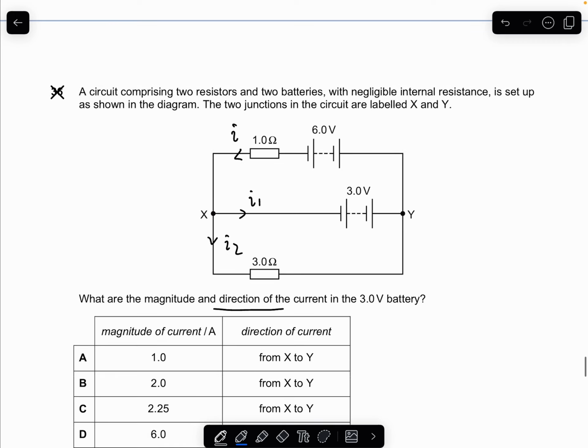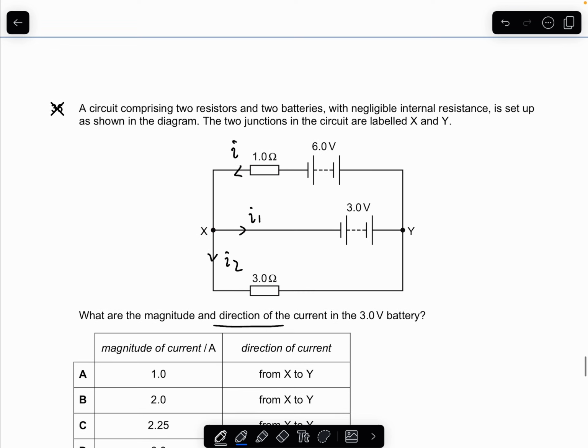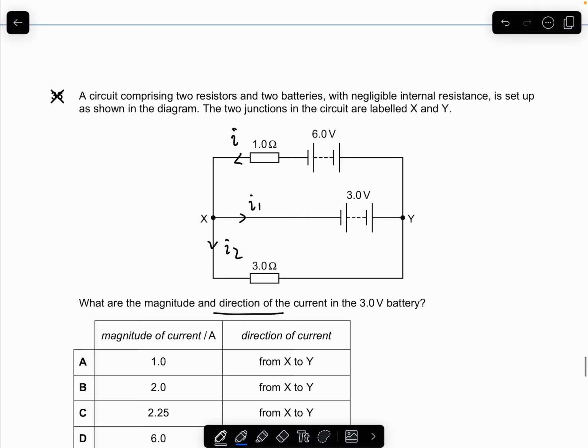So we apply the Kirchhoff number 1 rule. We can get 6 plus I minus 3 equals 0. So 3 amperes.